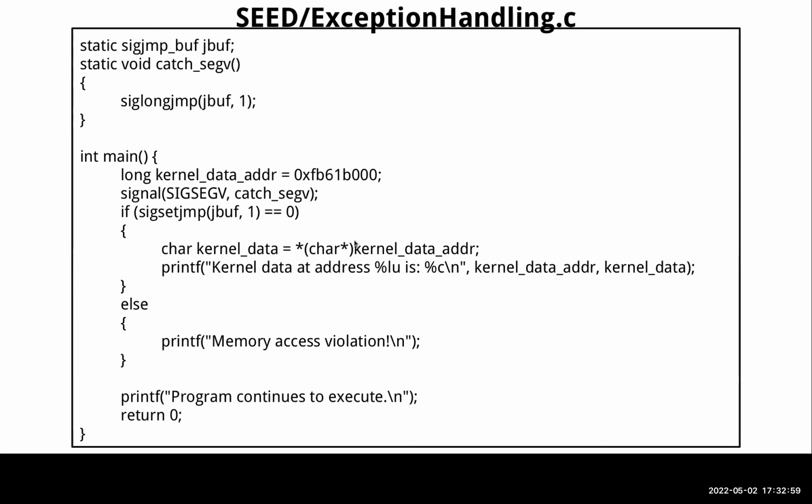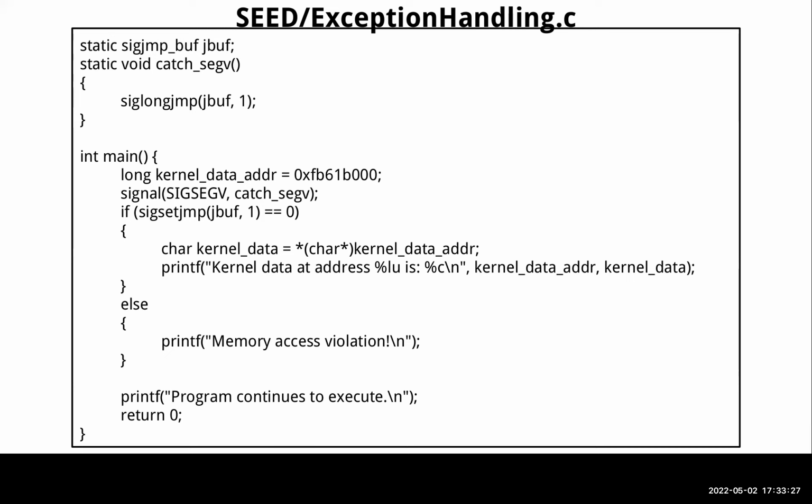Like I said, even though there is a segment fault, so far our programs never handle segment faults. When a segment fault happens, the OS will just crash your program and remove your process from the system. We can actually stop that. We can capture the segment fault.